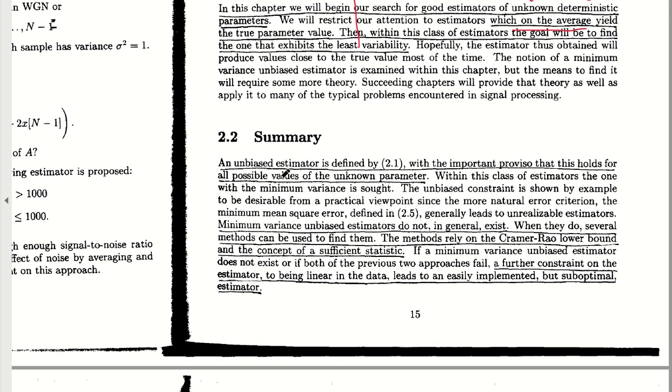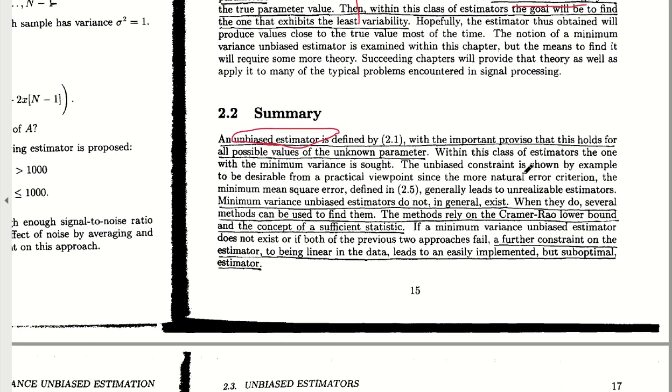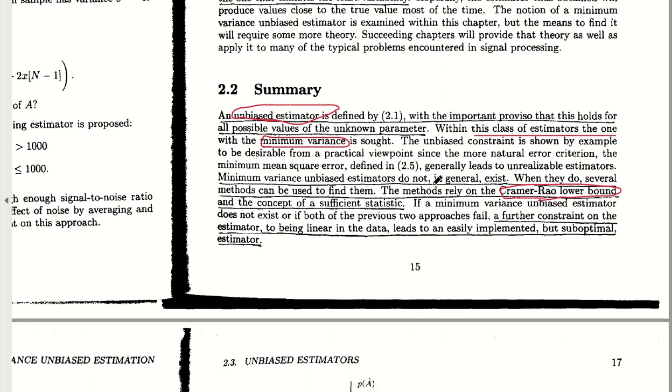So we'll talk about unbiased estimators, and also the Cramer-Rao bound, and then minimum variance is solved. So within this class of estimators, the one with the minimum variance is solved.